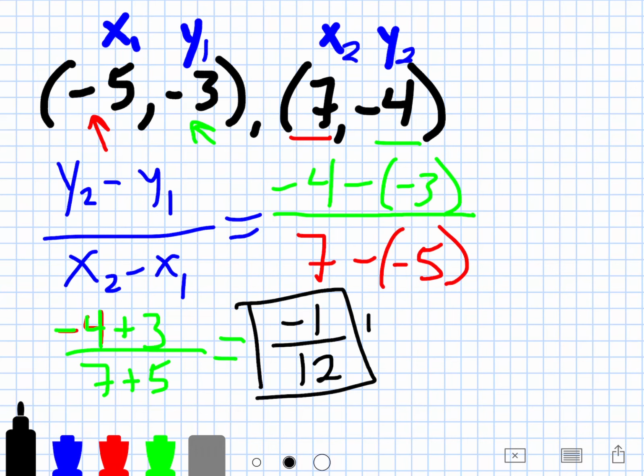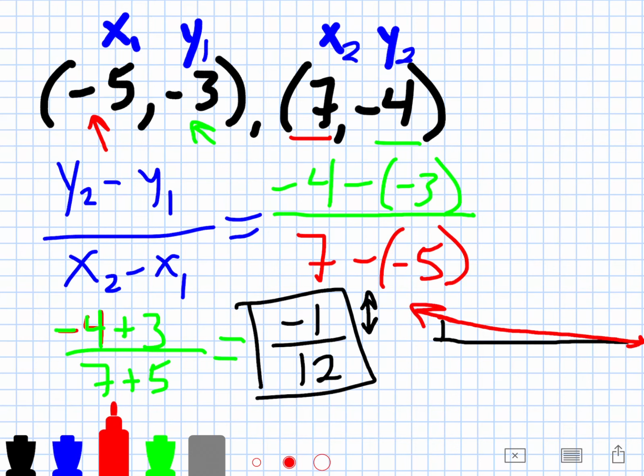Well, if my up and down movement is only 1, so let's say I'm going down 1, but forward 1, 2, 3, 4, 5, 6, 7, 8, 9, 10, 11, 12, that is a very, very slight slope. And I'm doing a bad job of showing that visually, but I'm doing the best with the tools that I have, so you do the best with the tools that you have too.